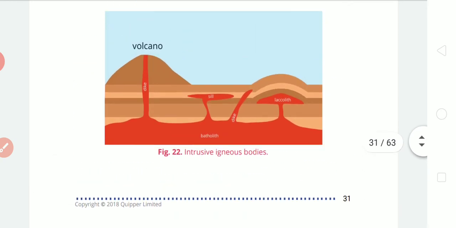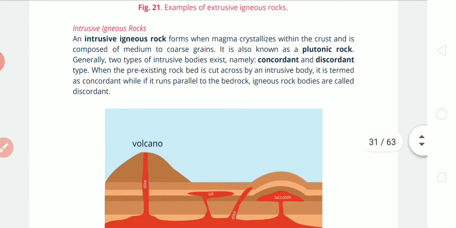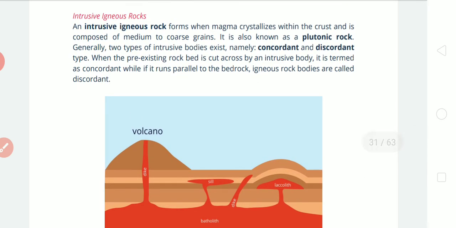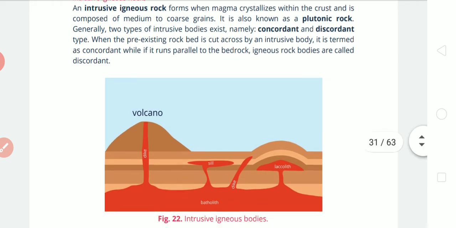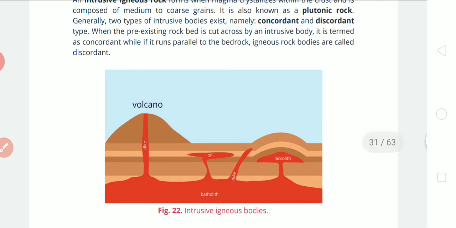Alright, so the discordant type is when the pre-existing rock bed is cut across by an intrusive body.